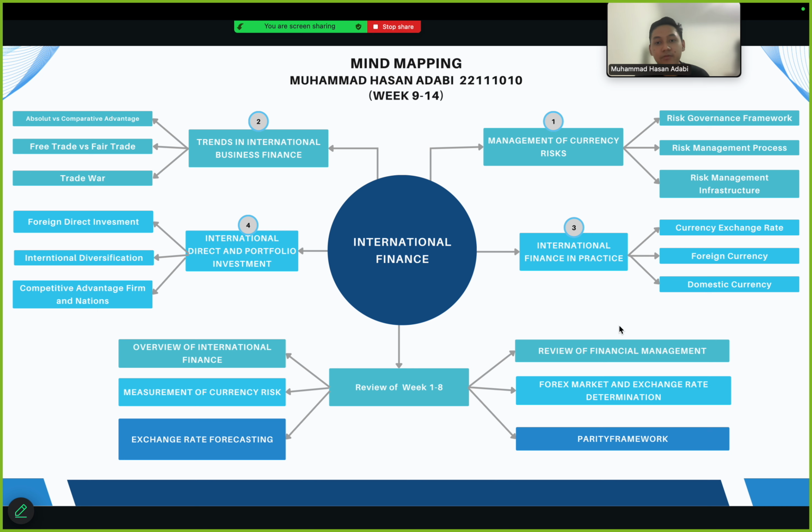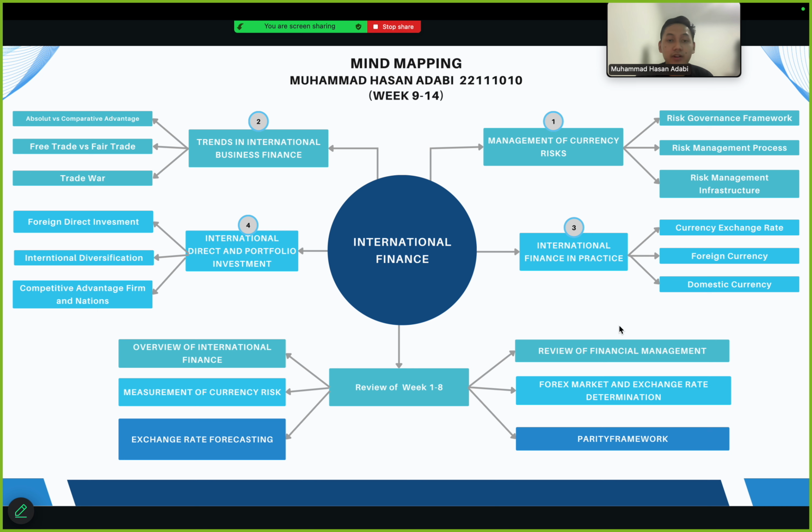For example, a free trade agreement like ASEAN allows free flow of goods, while fair trade certification ensures farmers in Africa are paid fairly for cocoa. So there are two words, free and fair. Free is more about the flow, and fair is more about justice and how compensation is handled.